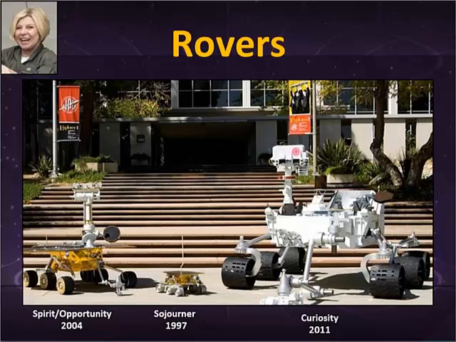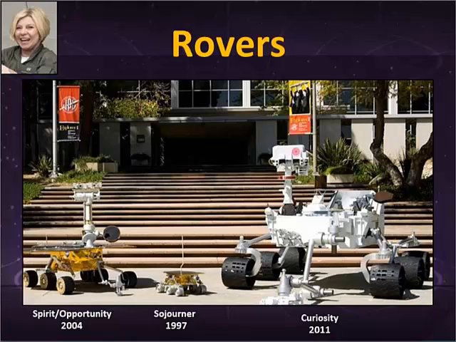Okay, I put this picture in because I really like this picture. In the background, you can see those offices. Actually, those are my offices. That's the education department located down there at JPL. And we actually have 3 of our rovers lined up right out front of our steps here. We have Sojourner that went to Mars in 1997, and you can see how small Sojourner was compared to Spirit and Opportunity.